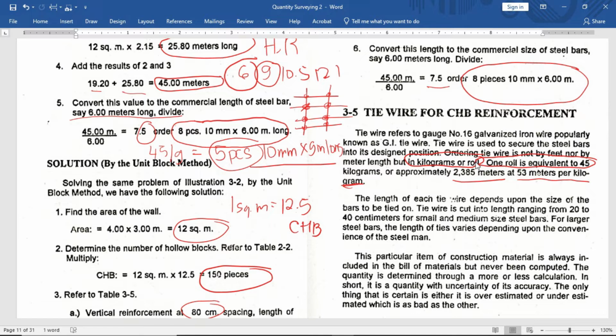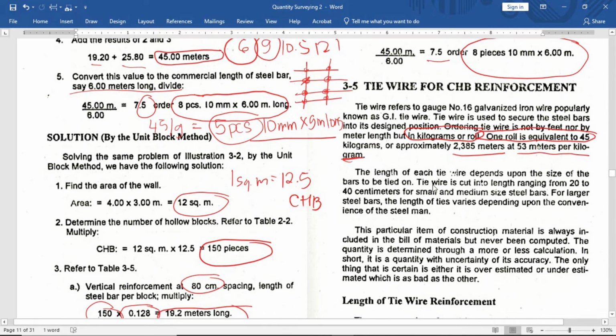So, in every 53 meters is 1 kilogram. Tandaan nyo na baka madaya kayo, na ang length ng one roll is equivalent to 45 kilograms, pag bibili kayo ng isang roll ng tying wire.